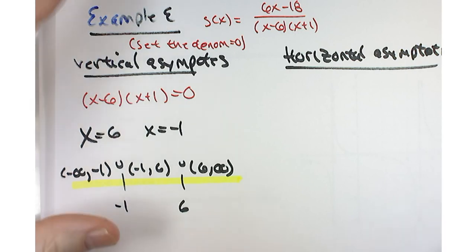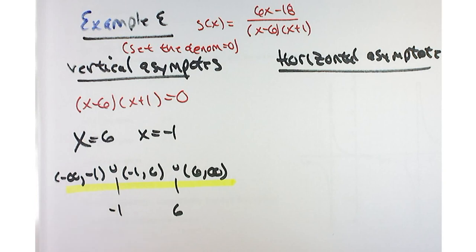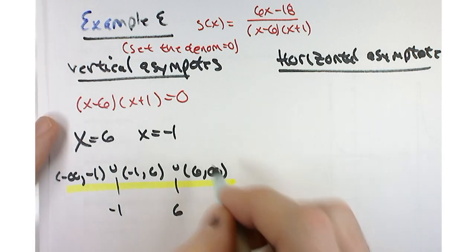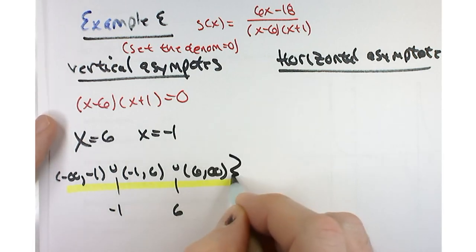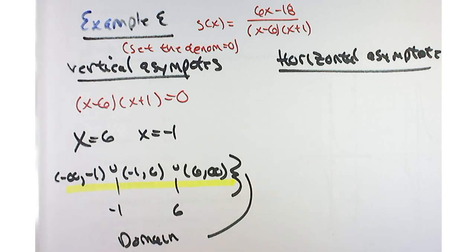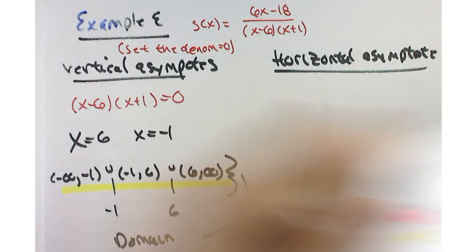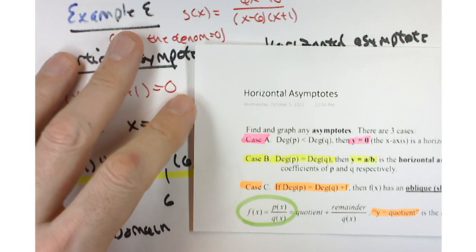How about the horizontal asymptote? Well, first things first. Are we okay with our domain and our vertical asymptotes? Those are a couple easy points, even if you forget some of the other stuff. For horizontal asymptotes, we have to decide which of these three cases we're dealing with.